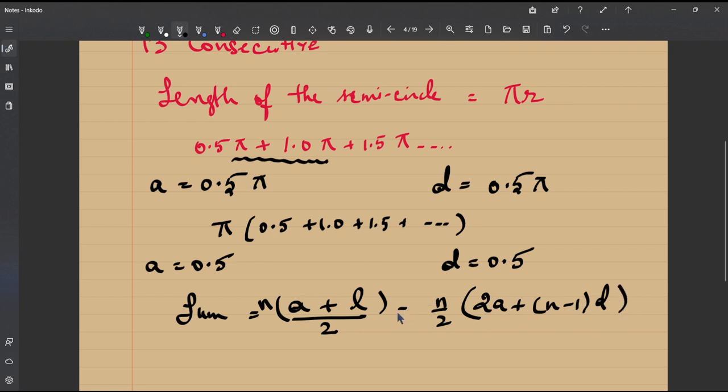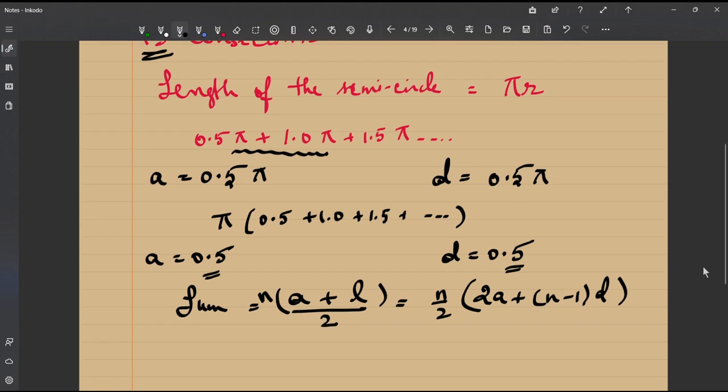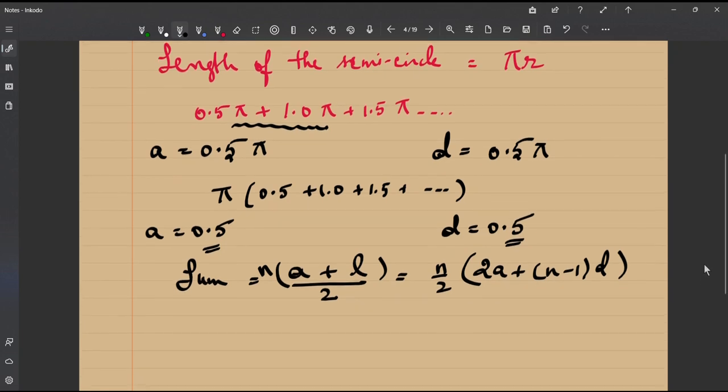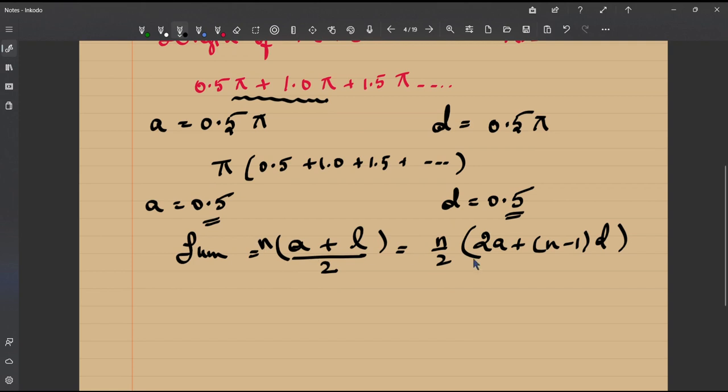Right, now we know what n is. N is 13, and we know a is 0.5. We know d is also 0.5. So let us just substitute all of them and find the sum, and hence find the length of the spiral.